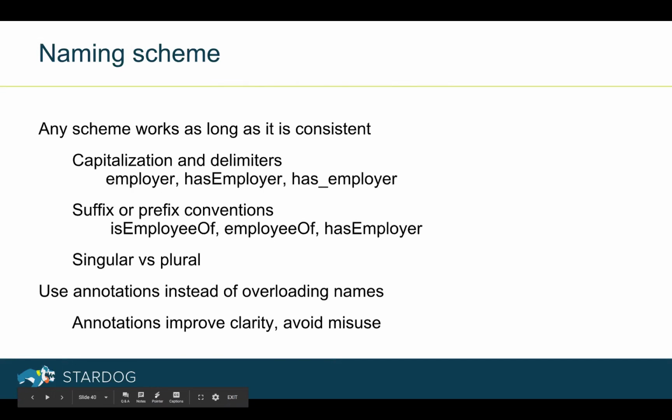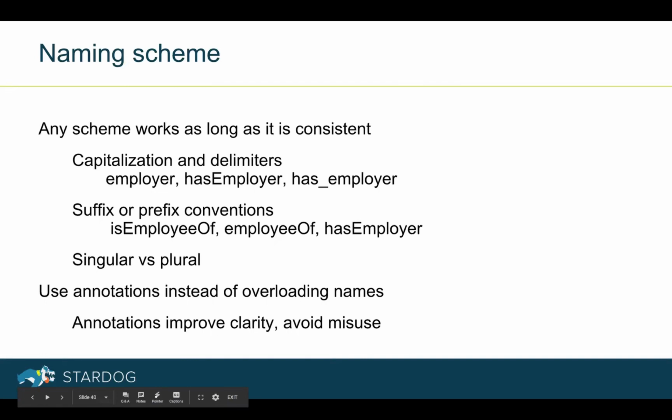Do you want hasEmployer versus hasEmployee? Your capitalization and delimiters. If I have employer, has_employer. Any suffix or prefix conventions. I could have employee of, is employee of, has employer, employs, works for. Any of those are all basically the same idea.